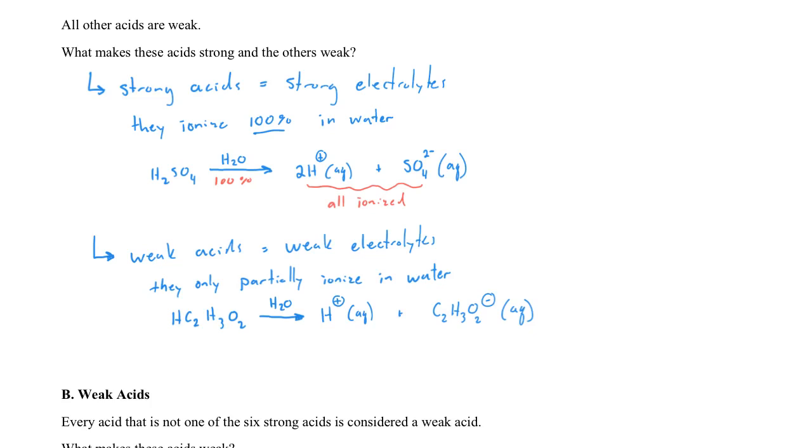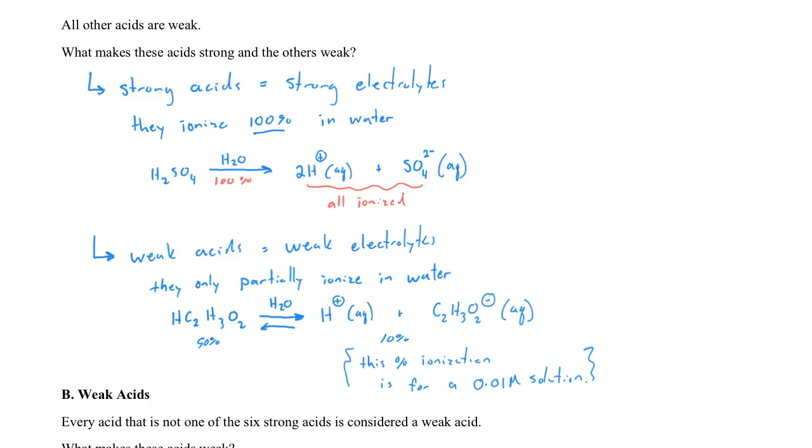When it's dissolved in water, it does ionize to a certain extent into a proton and an acetate anion. Now, when it ionizes, there are still like 90% of the acetic acid molecules in their whole unionized form, and only about 10% of it is actually ionized as the proton and acetate. So this makes acetic acid a weak acid and a weak electrolyte.